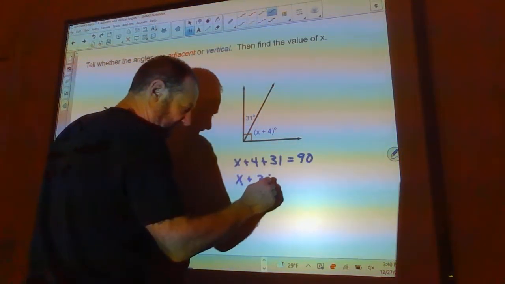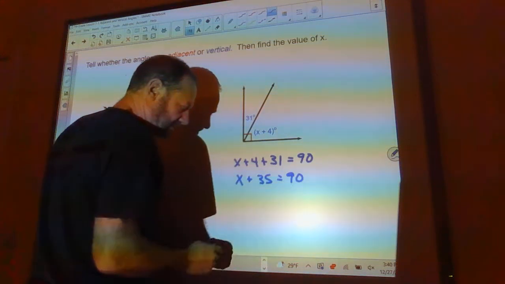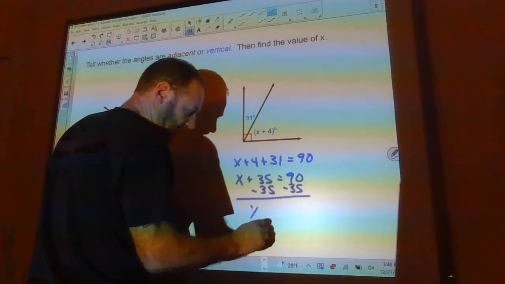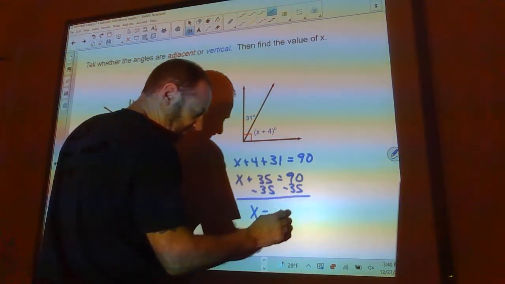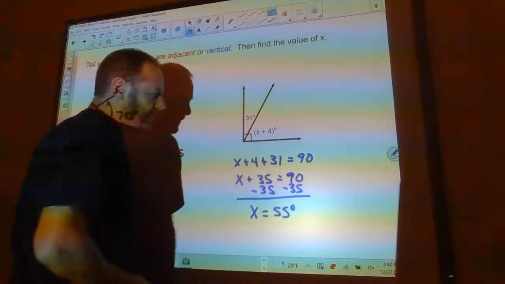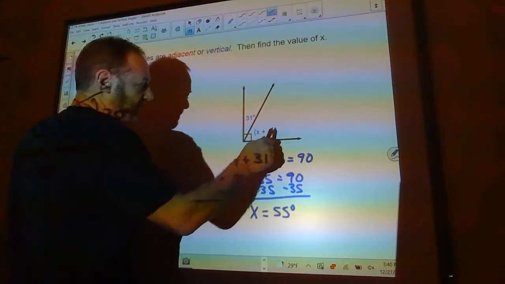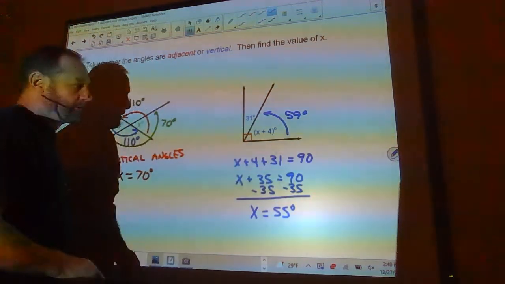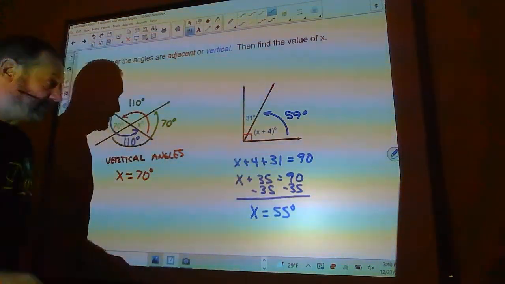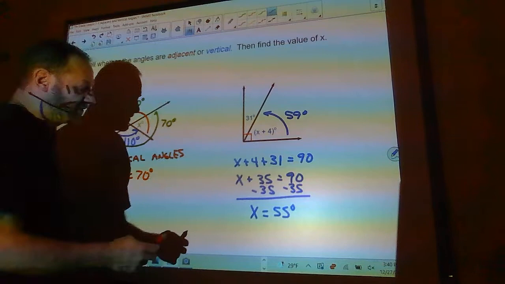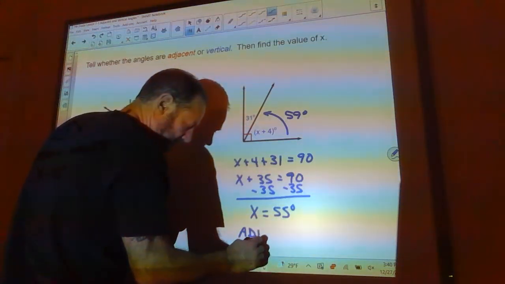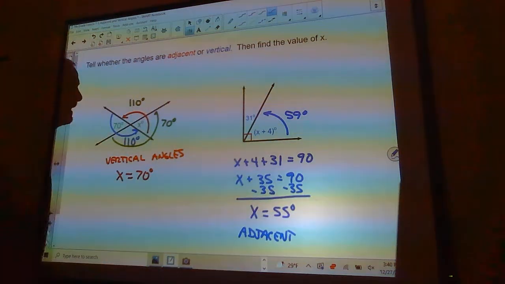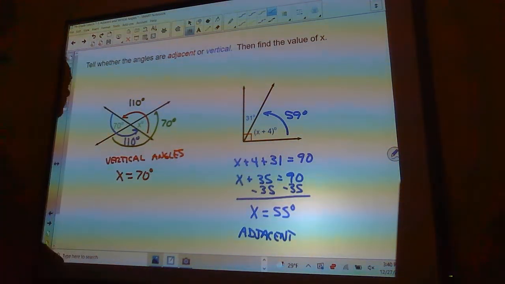X plus 35 is 90. I can subtract 35 from both sides, and I'm going to get x is 55 degrees. And so I know this is 55, and that makes this angle right here 59 degrees. 59 and 31 adds up to 90. So these are adjacent, and x is 55, and the angle right there that's missing is 59.